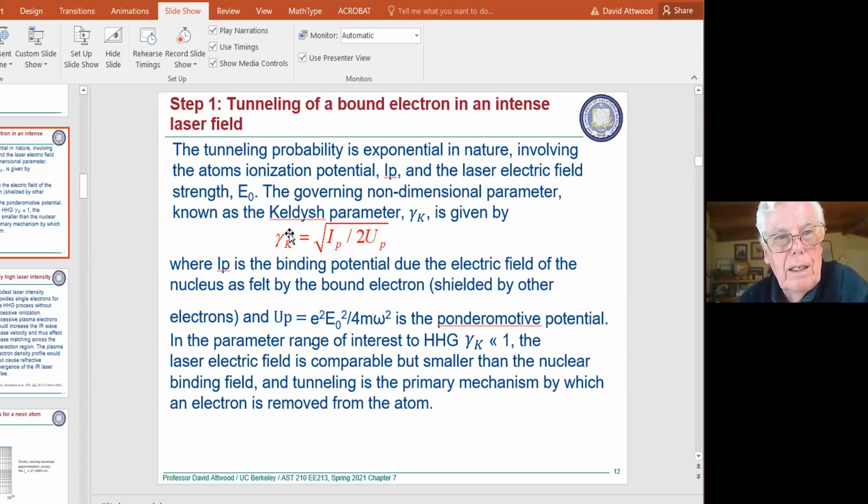At any rate, Keldysh went through all of the mathematics, the quantum mechanics of an electron tunneling through the barrier set by the nucleus, maybe the shielded nucleus because there are a lot of other electrons, but there's an electric field that the valence electron feels, and to get through it, it's possible by tunneling.